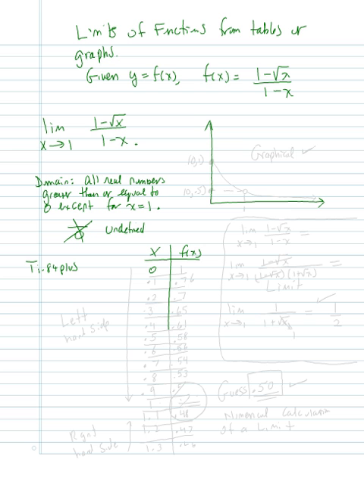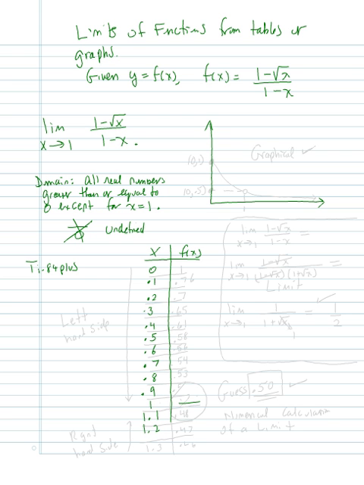We have 0, we have 0.1, we have 0.2, 0.3, 0.4, 0.5, 0.6, 0.7, 0.8, 0.9. 1 we know we have a problem at, so it's undefined at 1, but we can certainly look at 1.1 or 1.2, values to the right of 1.